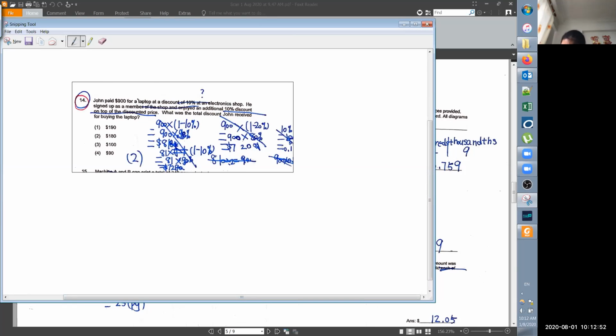Okay, John paid 900 for a laptop at a discount of 10% at an electronic shop. So what this first sentence says is after the 10% discount, the laptop is 900. Am I right? Yes. So which means this $900 is 90%. You know what's the meaning of 900 times 90%?